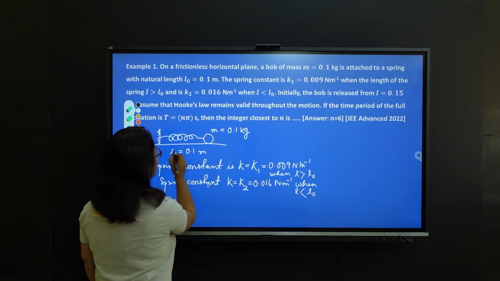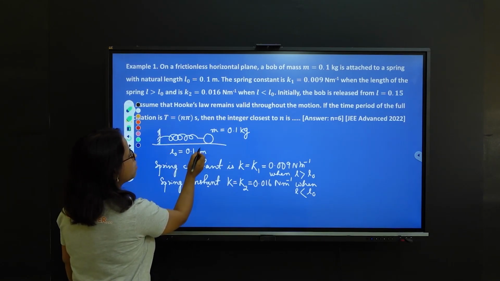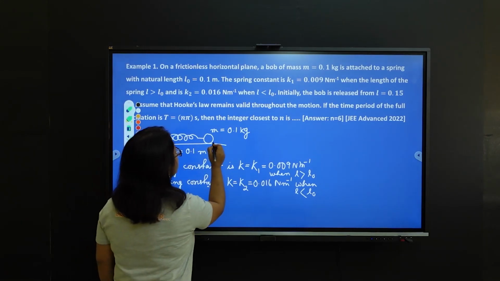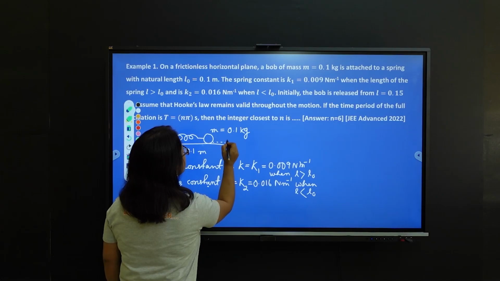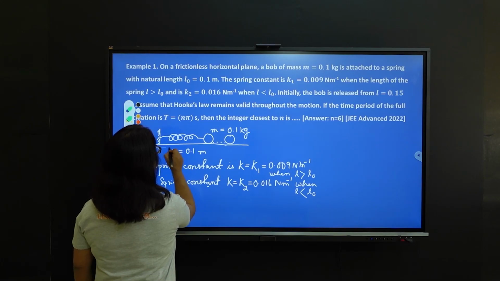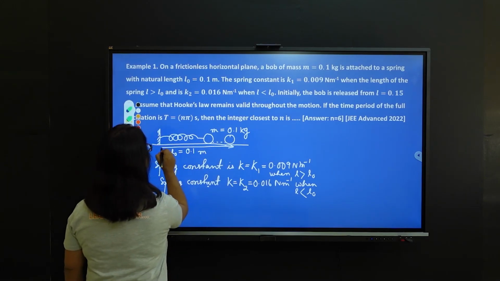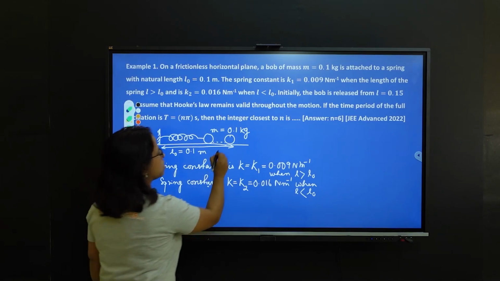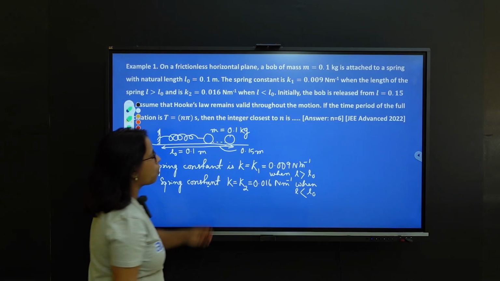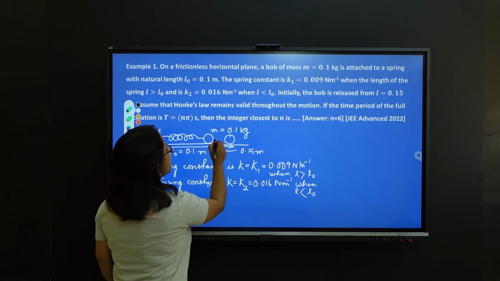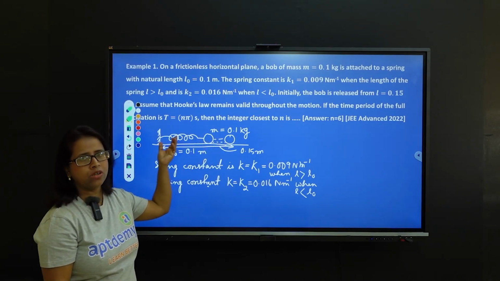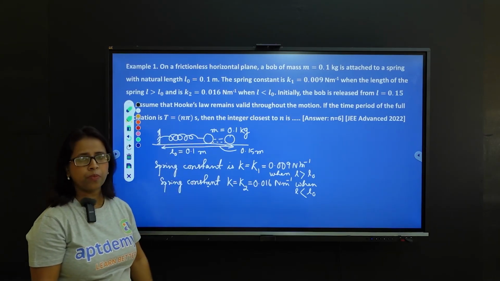It suggests that the natural length, when the spring was not stretched, was equal to 0.1 meter, but then the bob got stretched through some distance, and from this position, this length is equal to 0.15 meter, and from this position the bob gets released, which means that it will follow the to and fro motion here. So this is the motion of the spring.